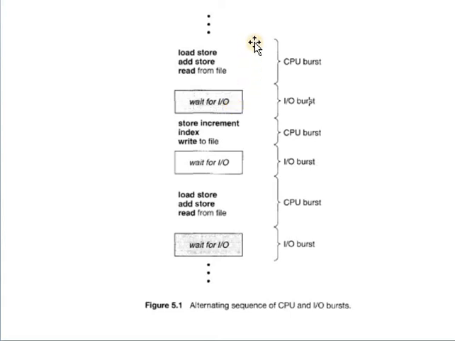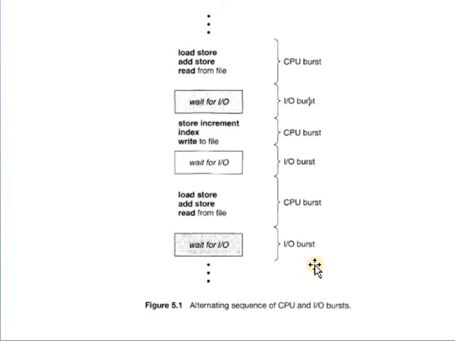So, while any program or any process is executed in an operating system, alternatively the process follows the CPU burst and I/O burst till the execution of the program is successfully completed. And whenever the system requests a terminate, the process will stop its execution.